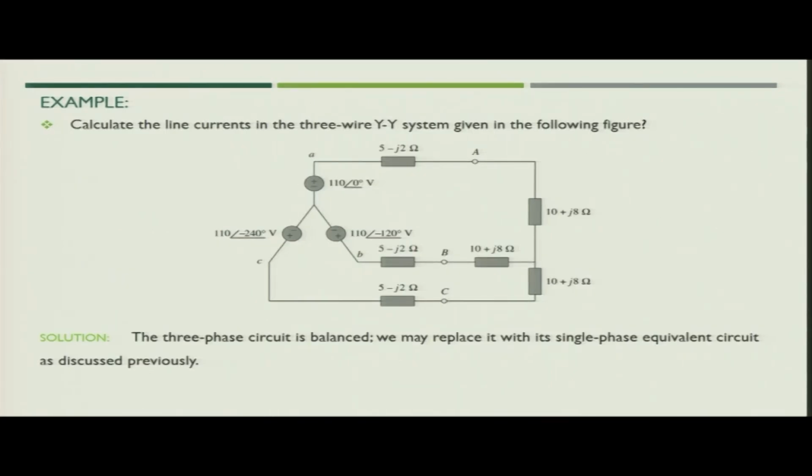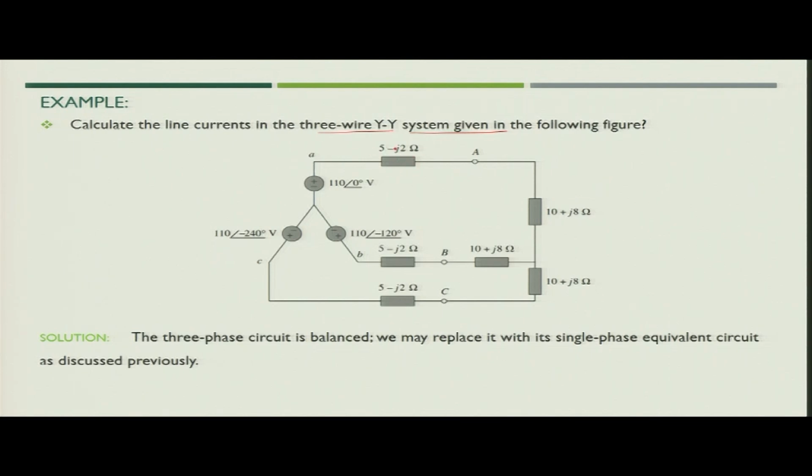Now, let us take one example before closing our today's session. We have a 3-wire star-star connected system which is given in the figure. We have a completely balanced source, with 110 angle 0 degrees, 110 angle minus 120, and 110 angle minus 240 degrees volts as the phase voltages.